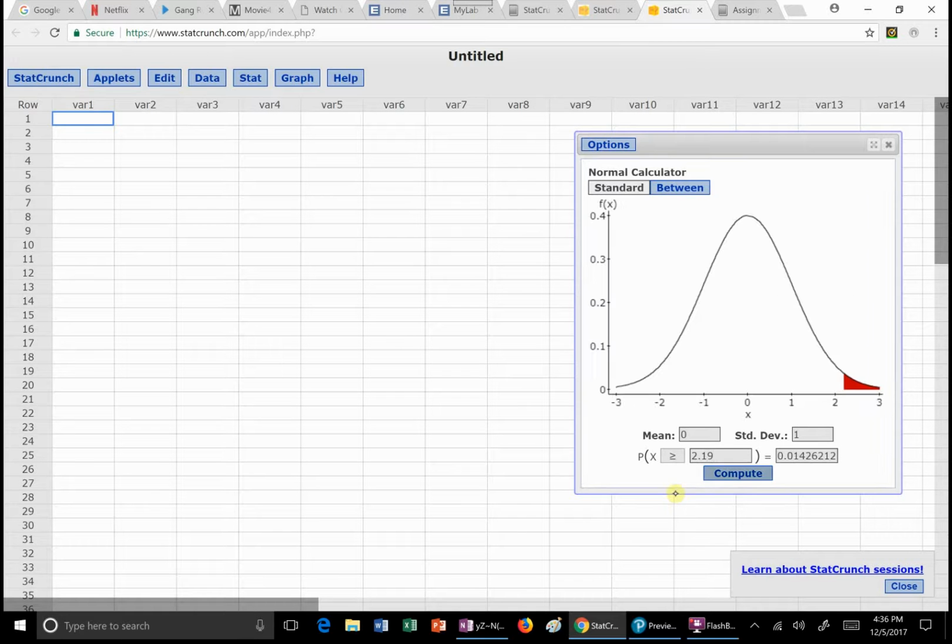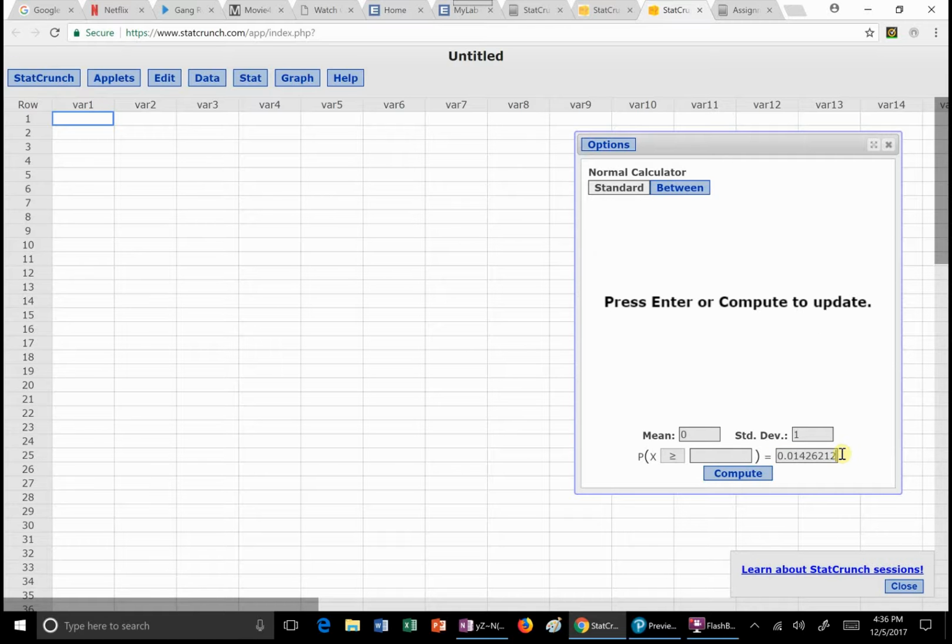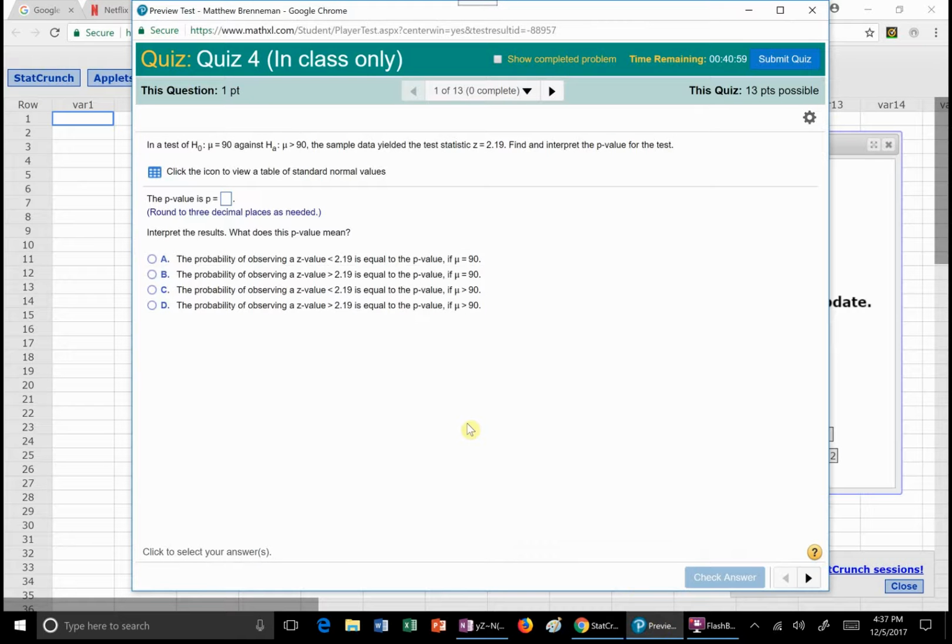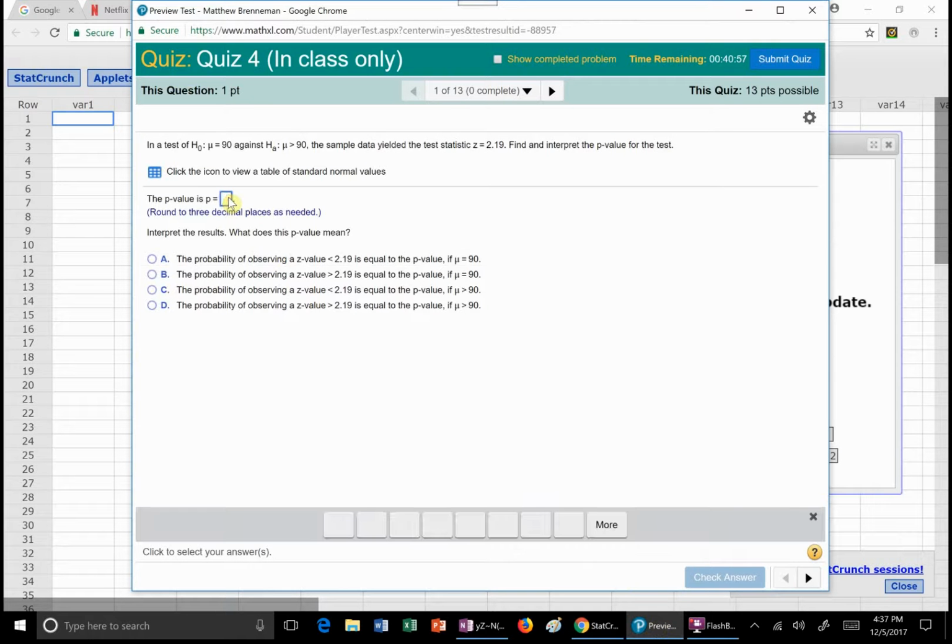I just compute this in StatCrunch, and there's my answer, and I can go back and just cut and paste this. It wants it rounded to 3 decimal places, so I'm just going to round that off. So this would be 0.014.